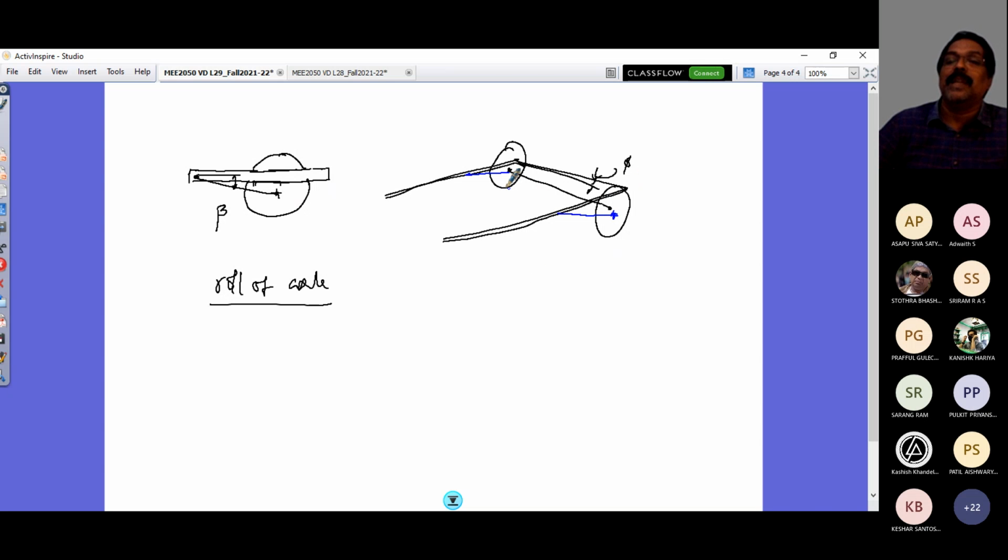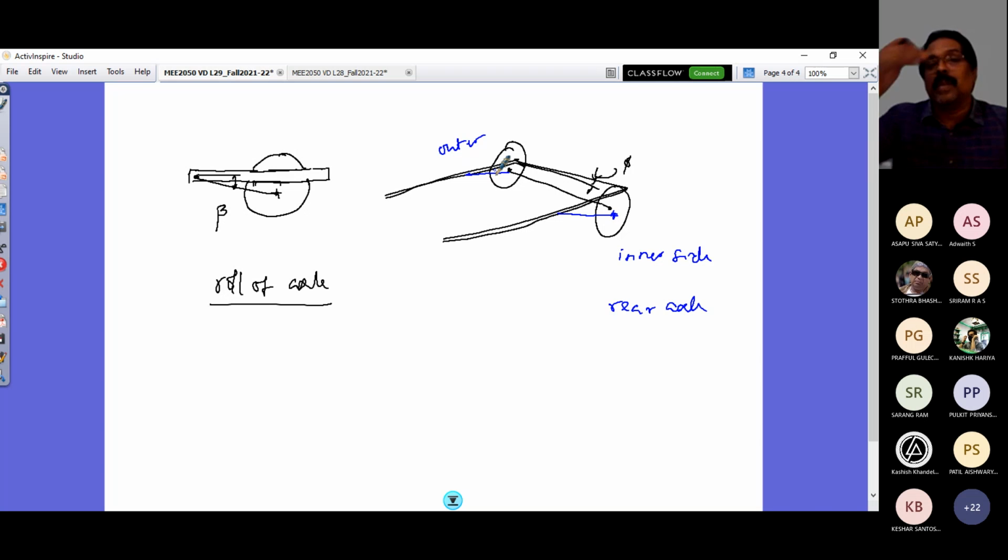This is the inner side and that is the outer side, and this is the rear axle. That's why the roll angle is this way. So now the angle beta is increased on the inner side, whereas on the outer side it is decreased.